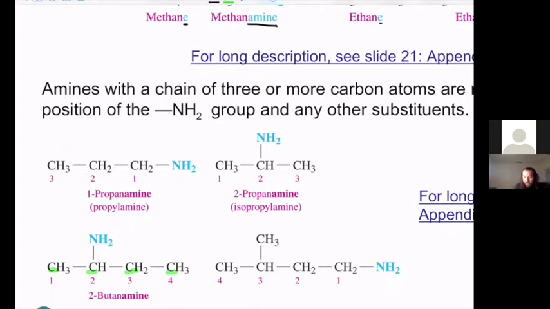For example, here we have an amine group on carbon 1 and a methyl group on carbon 2. Amines are like alcohols in the sense that you always put them on the lowest number carbon. So they have what's called priority in our functional groups, where they're always going to get the lowest possible number. So for this case, this would be 3-methyl-1-butanamine.